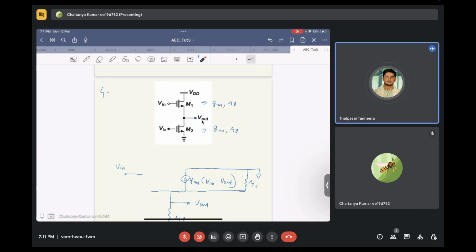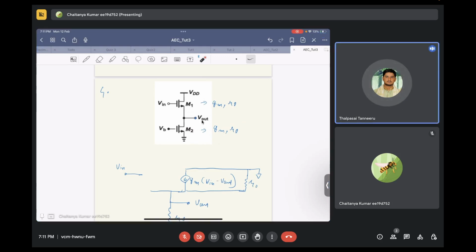Sorry, M2. Sir, my intuition is that M2 will act as source resistance, r_o.